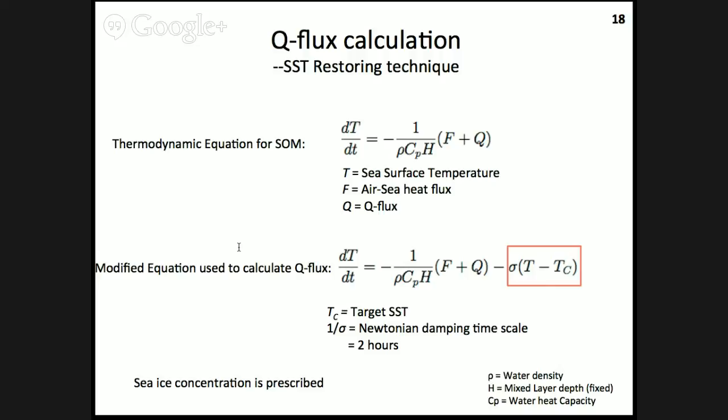So I simulate using this equation and prescribe the temperature from the fully coupled model. If the surface heat flux is also the same as in the fully coupled model, then I can save Q plus this damping term as the Q-flux, and this Q-flux must be the same as the oceanic heat flux in the fully coupled model.